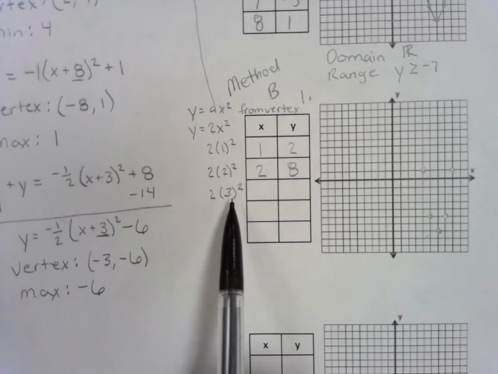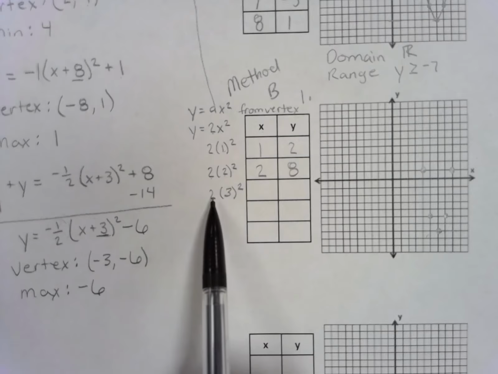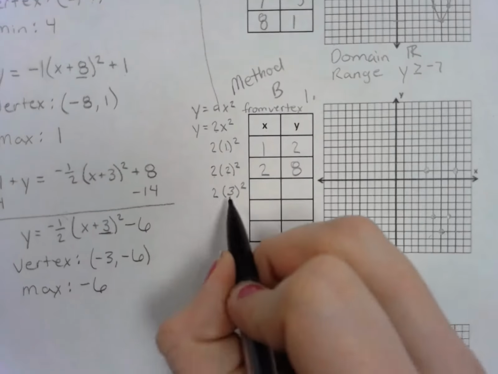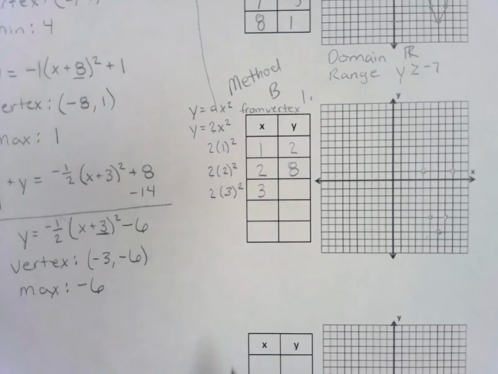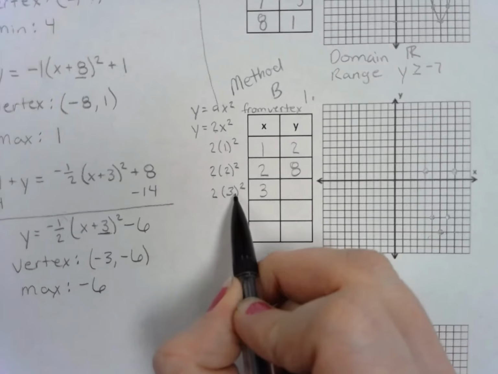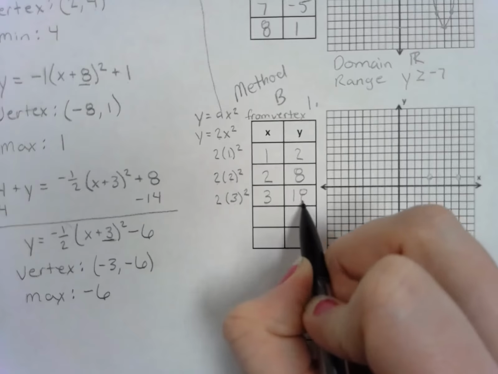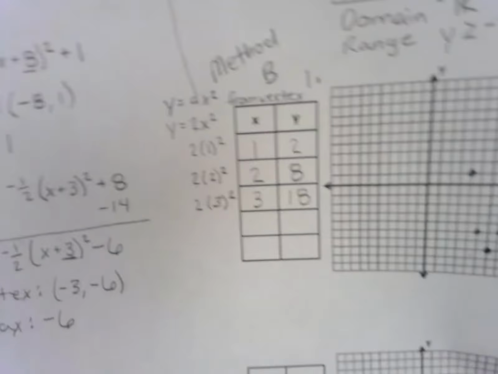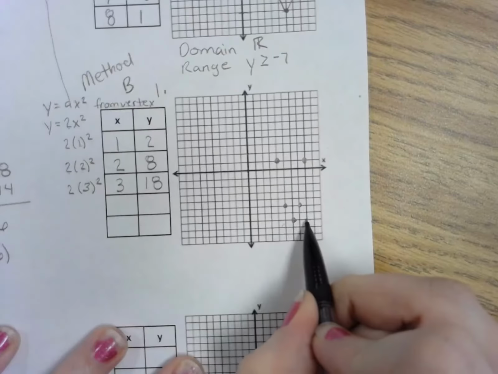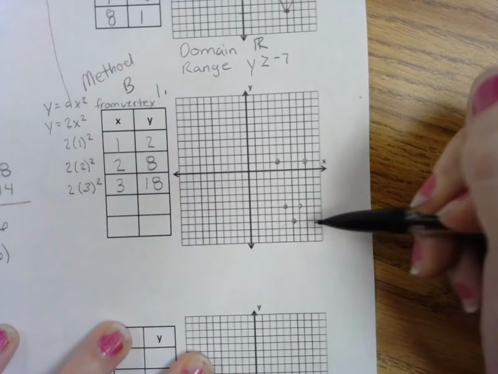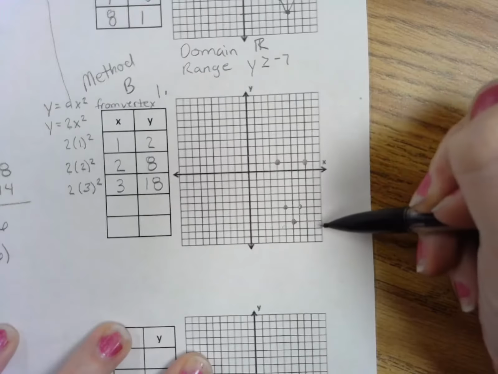So 3 squared is 9, and 9 times 2 will give us 18. So we're going to go 3 x values away from the vertex. 3 squared was 9, and 9 times 2 is 18. I don't even know that we have 18 to count, but you could imagine if we were 1, 2, 3 away, we would count 18.